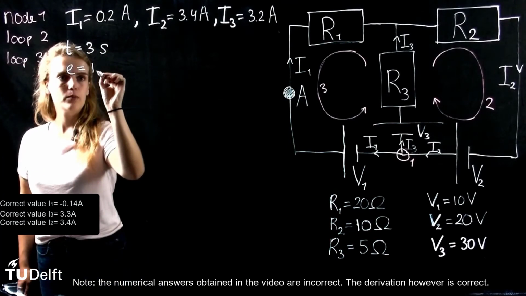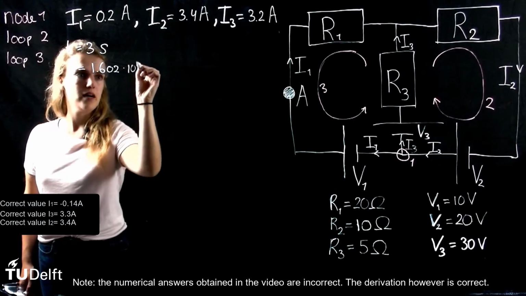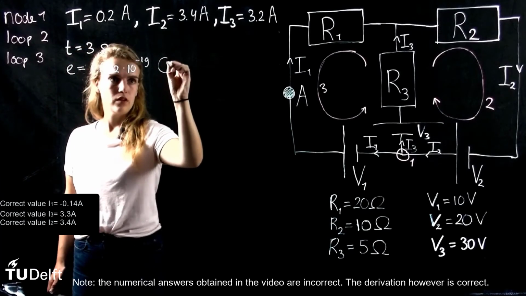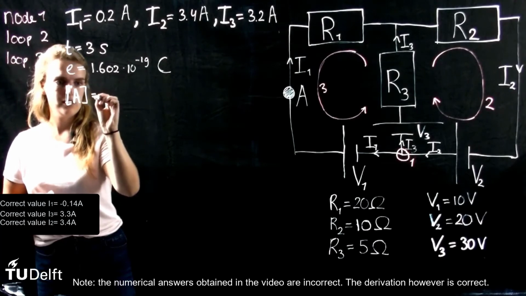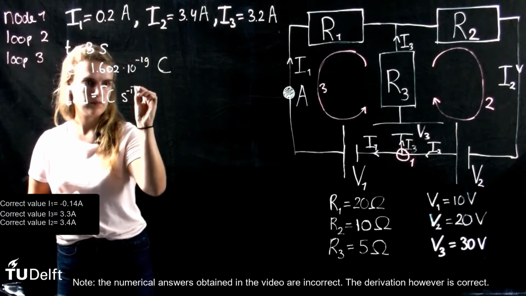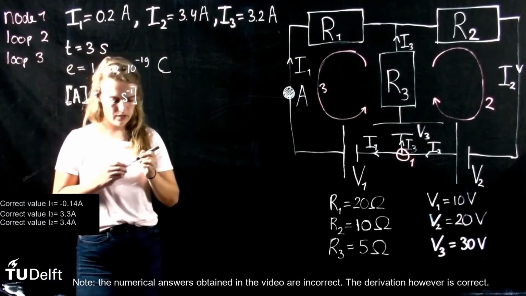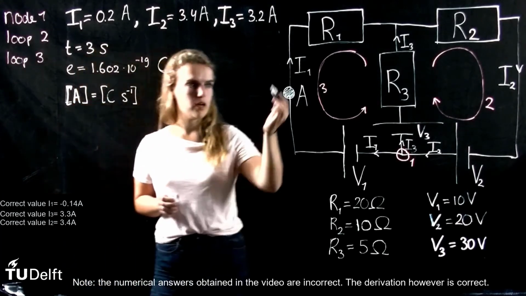e is 1.602 times 10 to the minus 19 coulombs. So the unit of current, amps, is the same as coulombs per second. And we have current I1.